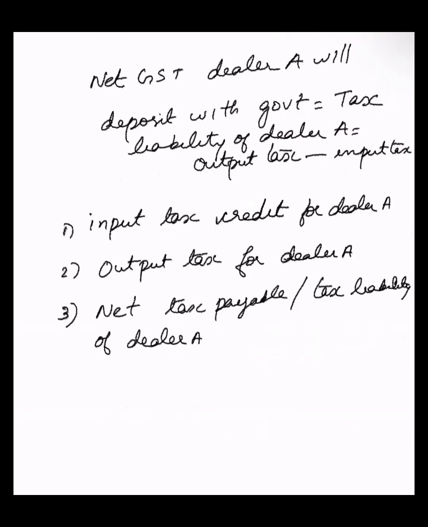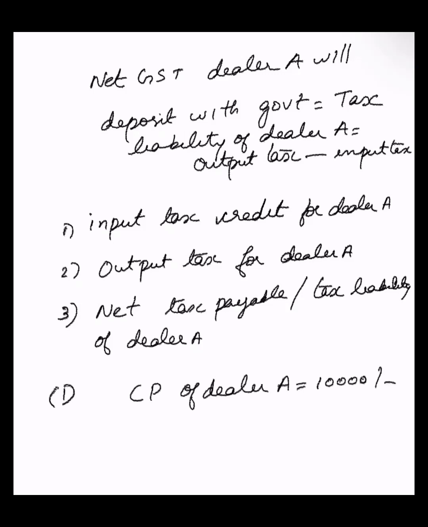Then input tax credit for dealer A is the GST that he paid at the time of purchasing the product. So for the first one, how will you do it? His cost price of dealer A was 10,000.